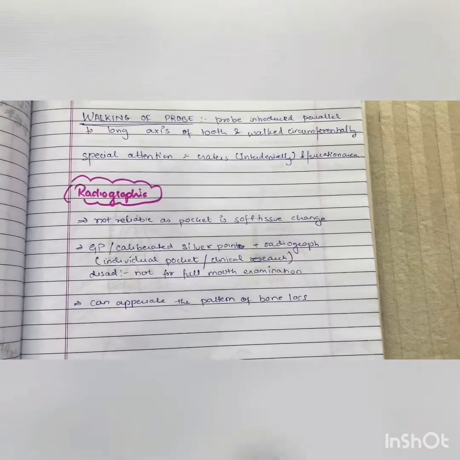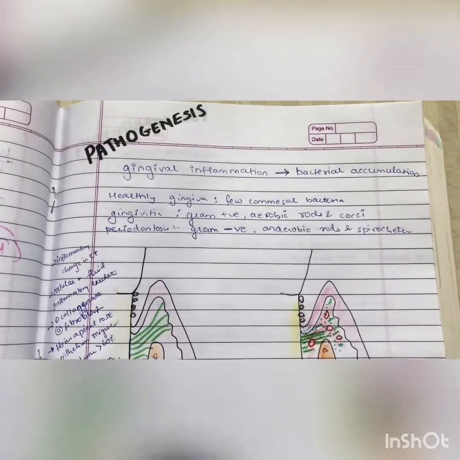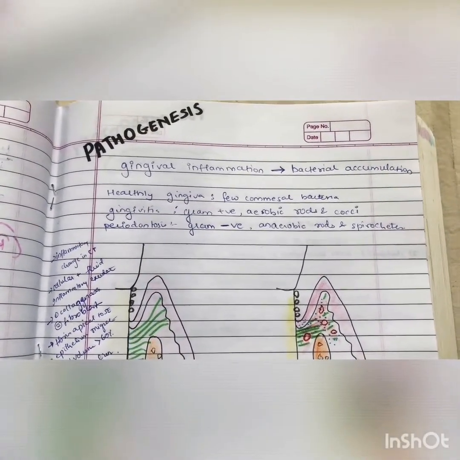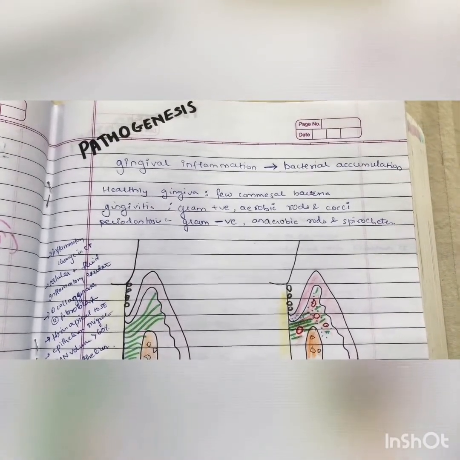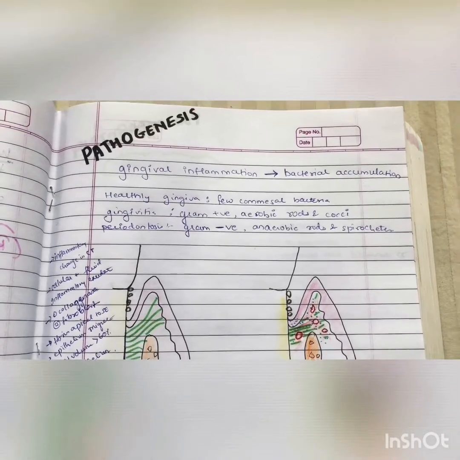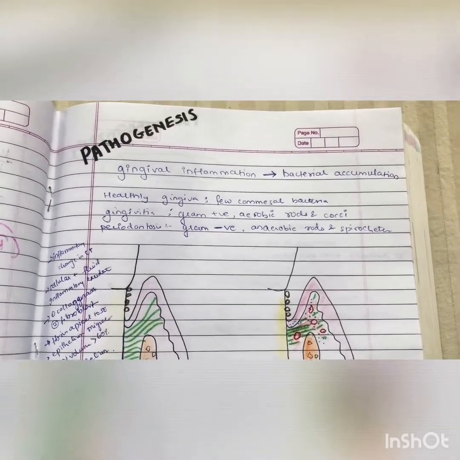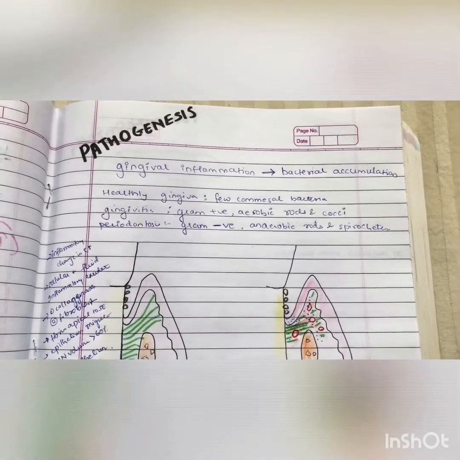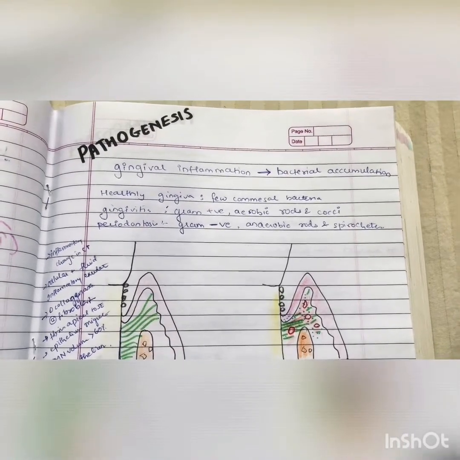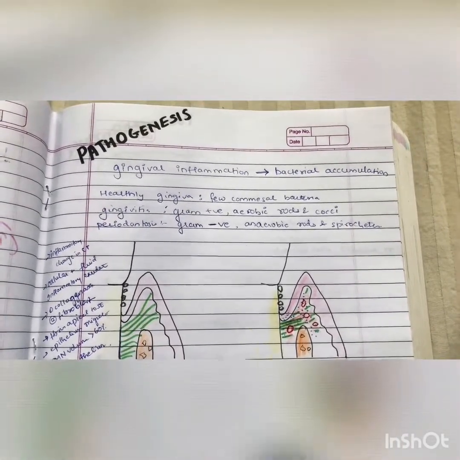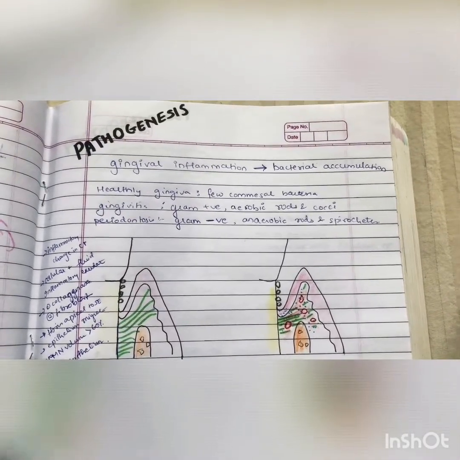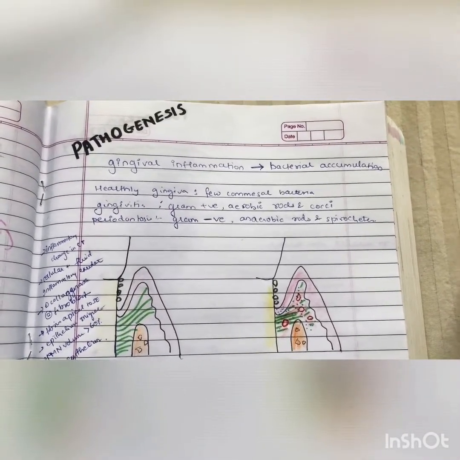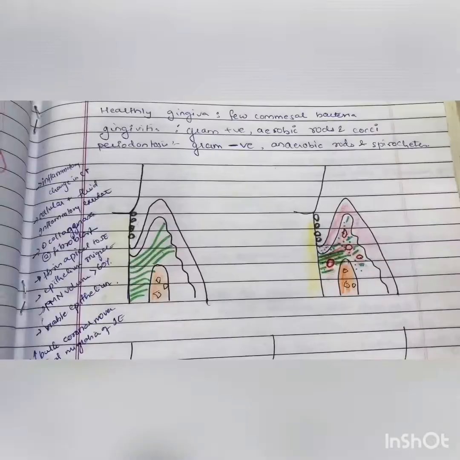Talking about the pathogenesis, a periodontal pocket is always preceded by gingival inflammation, which is caused because of your bacterial accumulation. So, gingivitis is always present before it turns into periodontitis. In healthy gingiva, you have commensal bacteria. In case of gingivitis, you have predominance of gram-positive aerobic bacteria, which shift towards gram-negative anaerobic bacteria in case of periodontitis.